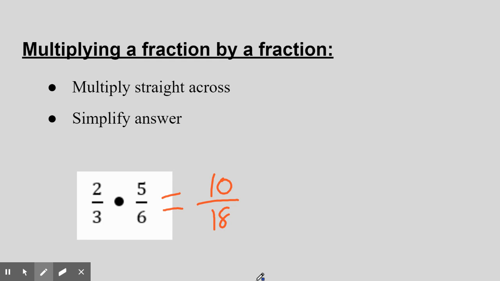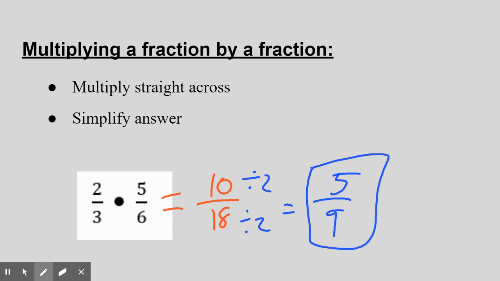In this situation, they are both even, so I know I could use 2. And 2 is actually the greatest common factor. So I divide both the bottom and the top by 2, and I get 5/9 as my final answer. Once again, if you write 10/18, we would count that wrong.